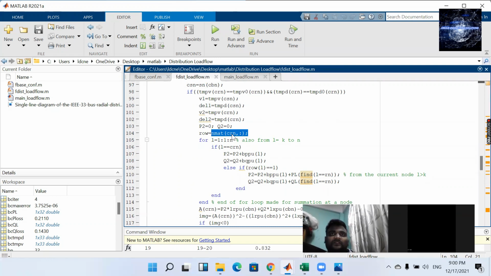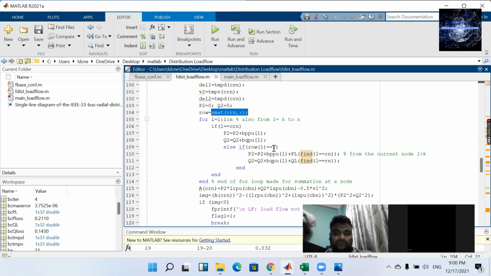And we have seen that in the row values, the buses whose loads are fed from that bus have the value 1 in that particular row. So after summation of the loads of those buses whose value is 1, we will get the total power flowing through that bus.